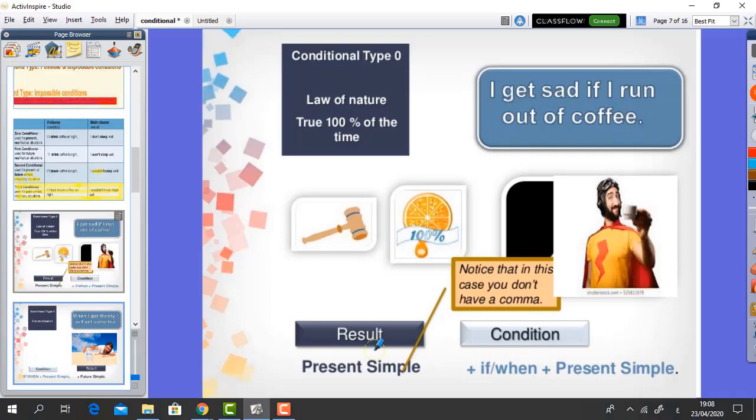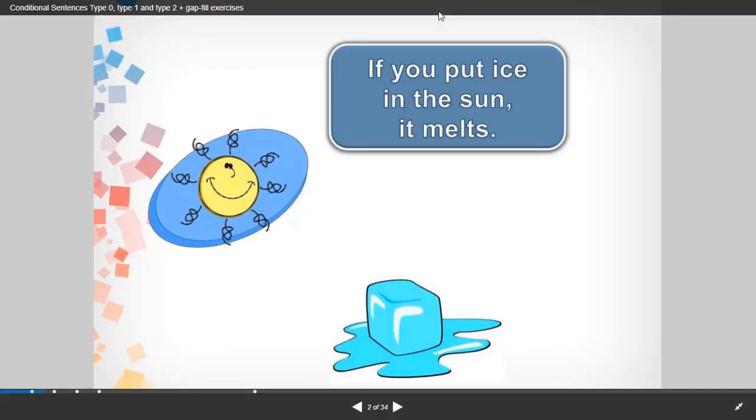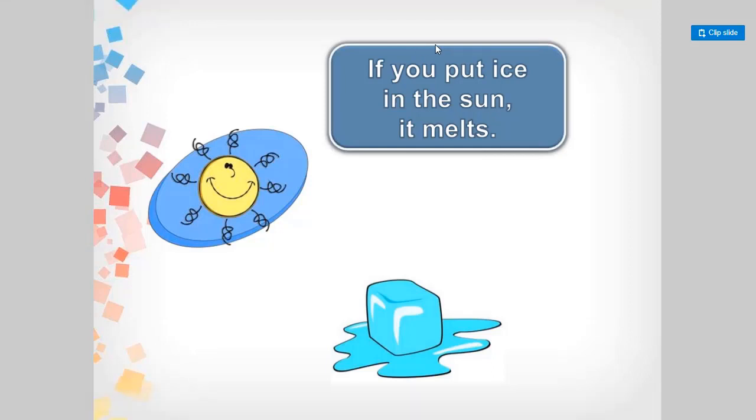This is a little bit personal, but let's go to nature and to labs. If you put ice in the sun, it melts. Let's focus first on the tense of each verb.